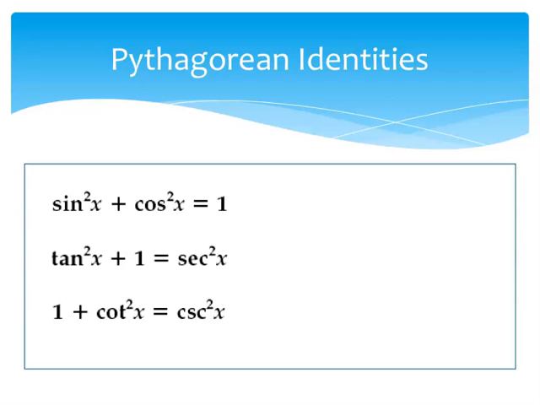Now note with these identities that you can, if you'd like to, move things around if it helps you to use it in a different form to help simplify an expression down. For example, if you take that first one, sine squared plus cosine squared equals 1, you could subtract the cosine squared if that helps. So you would have sine squared equals 1 minus cosine squared. Or you can subtract the sine squared over if that helps.